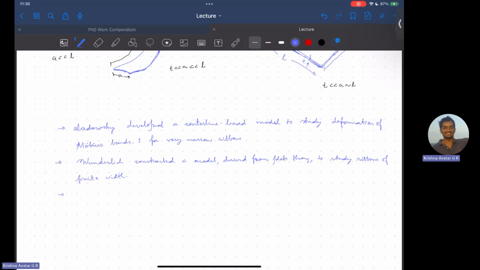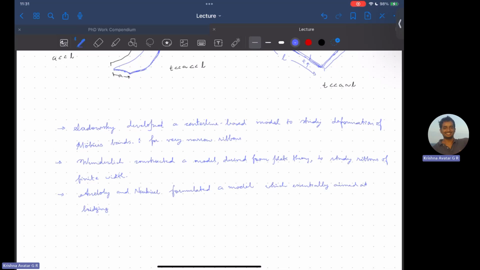And then later on in 2015, Audoly and Dias formulated a model which aimed at, I believe it is Audoly and Neukirch. Although Audoly and Dias had developed a model for non-rectangular flat ribbons, right?